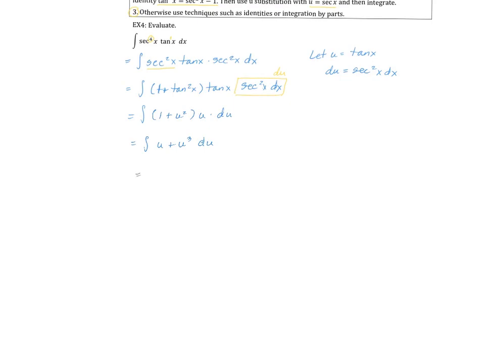Okay. I get u squared over 2 plus u to the fourth over 4 plus our constant c. And then I can replace the u with tangent. So tangent squared over 2 plus tangent to the fourth over 4 plus c. And that's it.